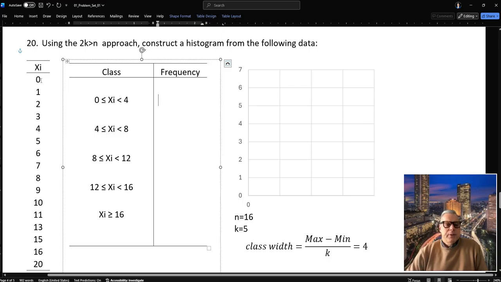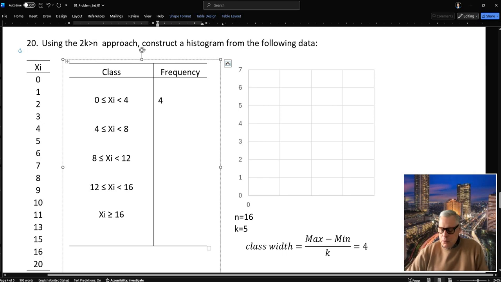So now, how many observations do we have that are between 0 and 4? 0, 1, 2, 3. So there are 4 observations that fall into that range. Then between 4 and 8, 1, 2, 3, 4.